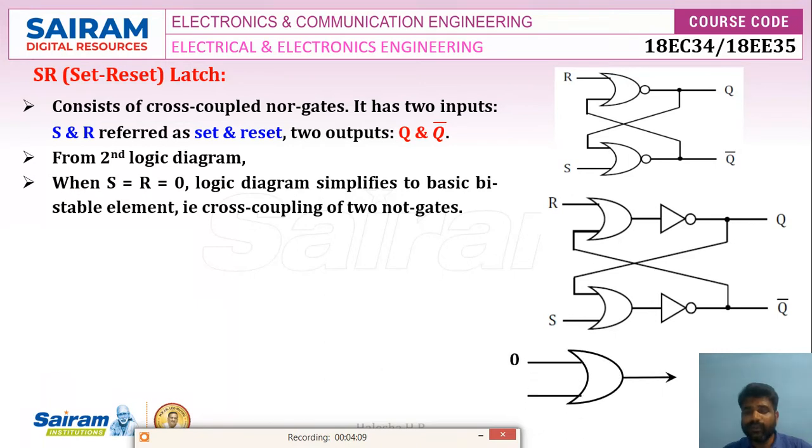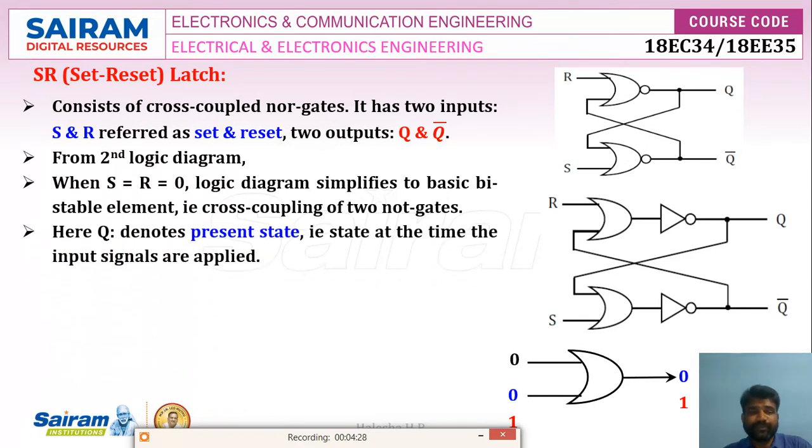Whenever one input to the OR gate is fixed to 0, the output of the OR gate depends on the other. If the other input is 0, the output is 0. If the other input is 1, the output is 1. That is why it becomes cross-coupled NOT gates.